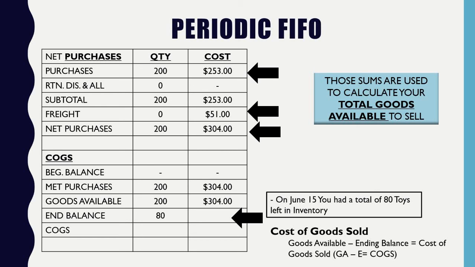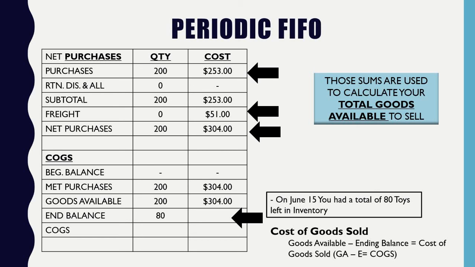Then you're going to take the number from net purchases and move it down here. The formula is beginning inventory plus your net purchases gives you your goods available. In this case, I had a zero beginning balance and a net purchase of 200, so my goods available to sell is 200.